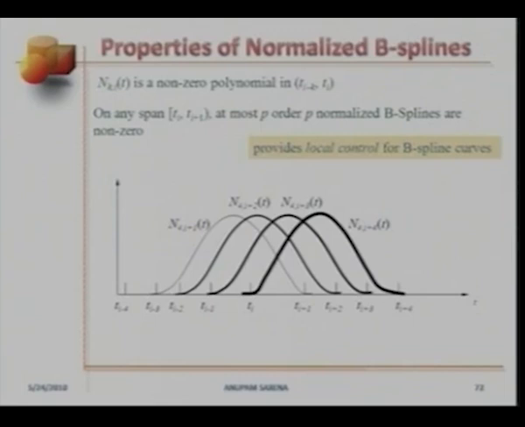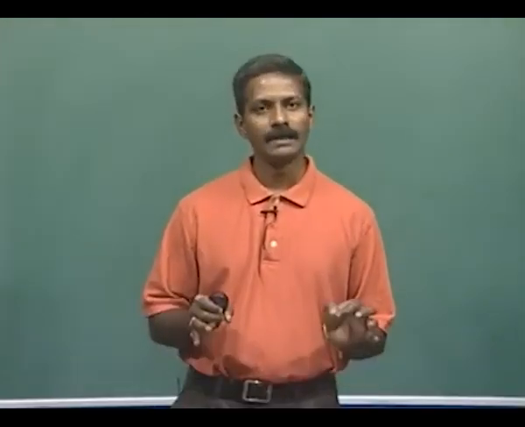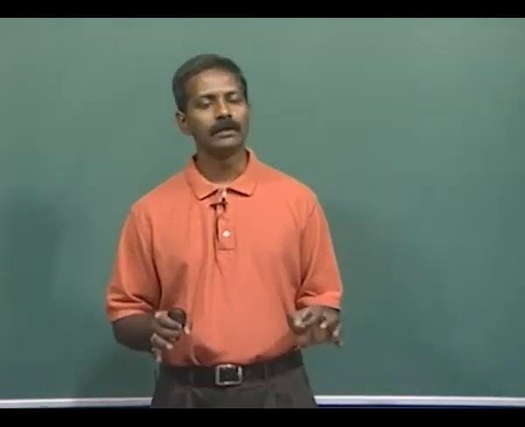The most important one was that all these normalized B-spline basis functions were non-negative, and not all, I emphasize again, but only a select few of these normalized B-spline basis functions summed to 1. In fact, it was this property that imparted local shape control to B-spline curves.